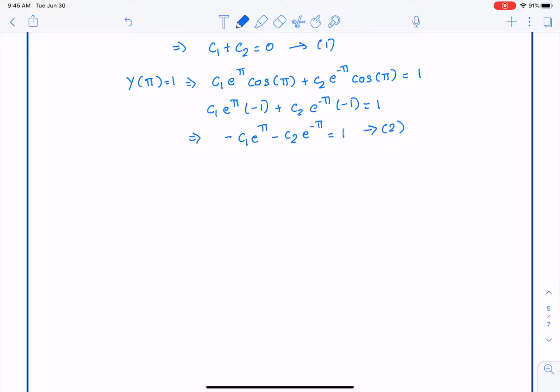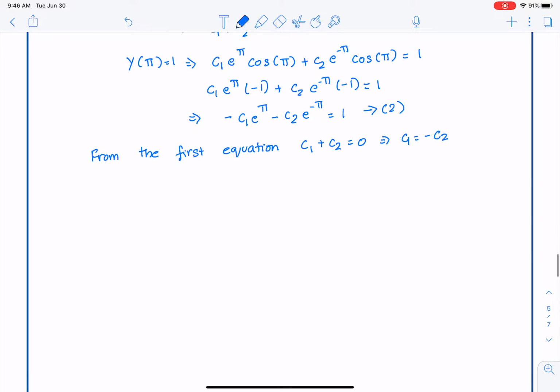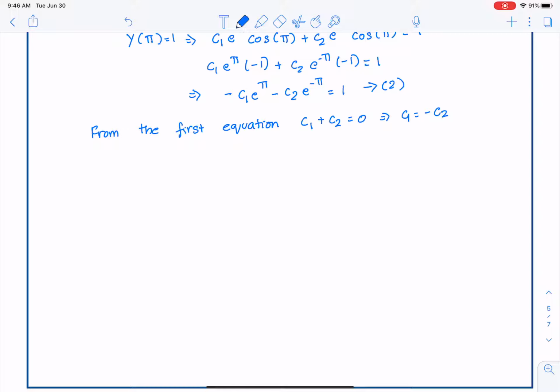From the first equation, c1 plus c2 is equal to 0, which would imply c1 is negative c2. So I'm going to plug that in number 2.